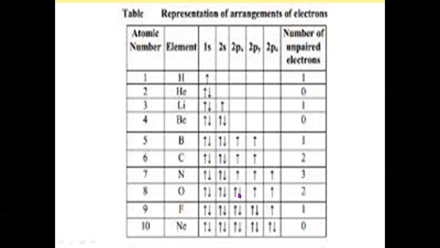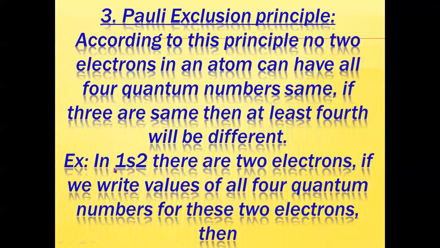So pairing starts here. Why does pairing start here? Because every degenerate orbital of the p subshell has one electron each, or is half filled. Next, in fluorine, the second p orbital will be paired, or it will have two electrons, and in neon, all p orbitals are completely filled. So the p sublevel is completely filled in neon.